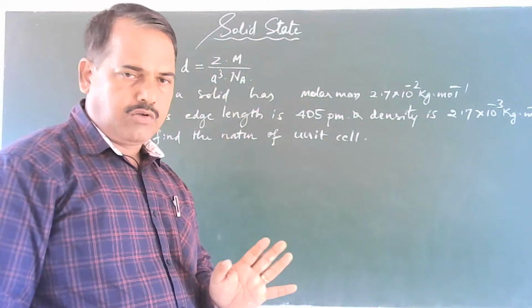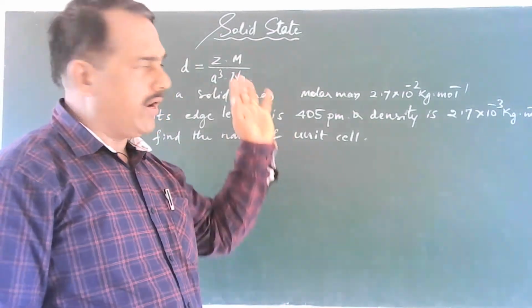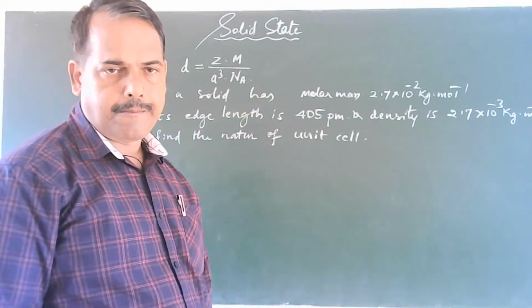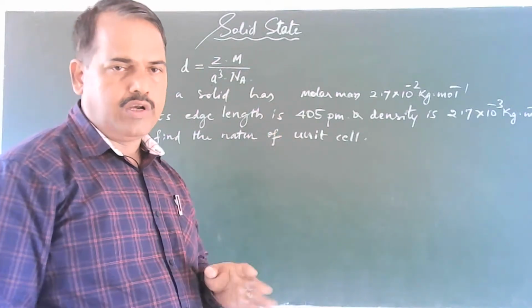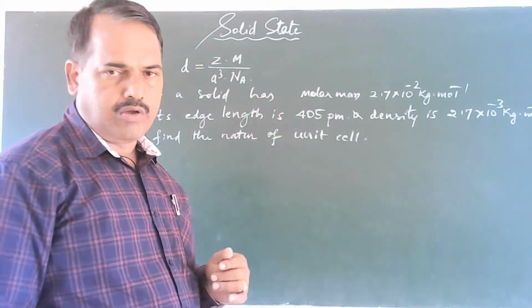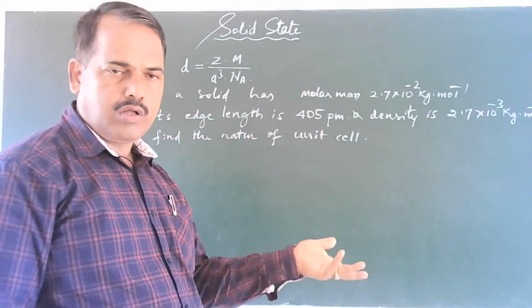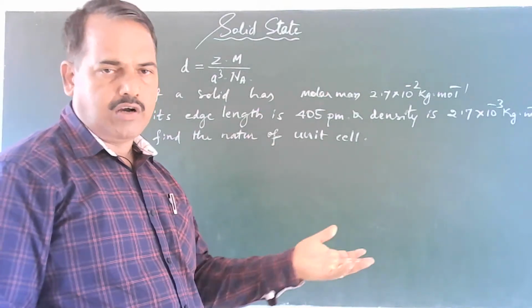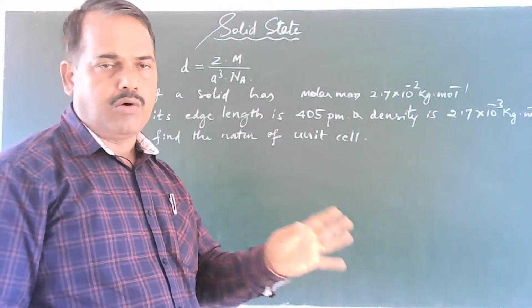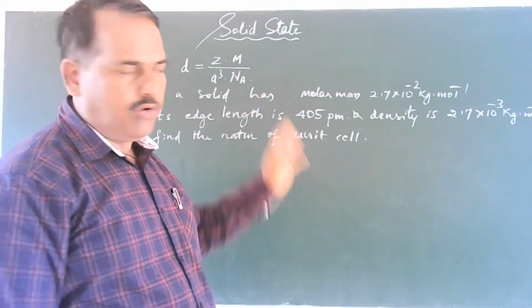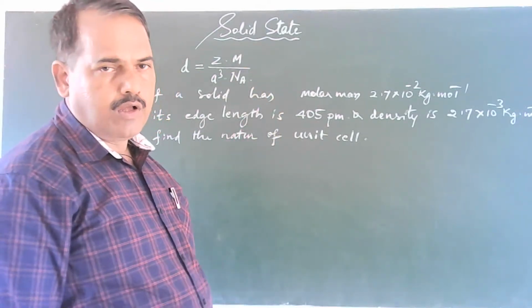We can find it by finding the number of atoms. If the number of atoms is 2, it is a body centered cubic unit cell. If it is 4, it is a face centered cubic unit cell. If Z is 1, it is a primitive or simple unit cell. So we shall work this problem.